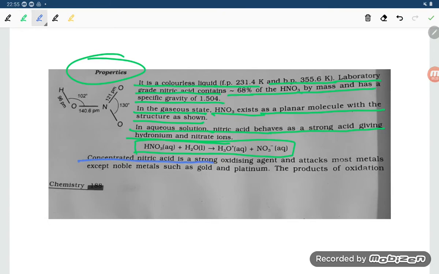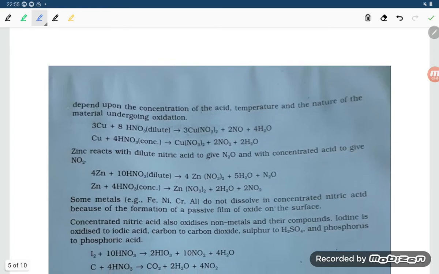Concentrated nitric acid is a strong oxidizing agent and attacks most metals except noble metals such as gold and platinum. The product of oxidation depends upon the concentration of the acid, temperature, and the nature of the material undergoing oxidation.